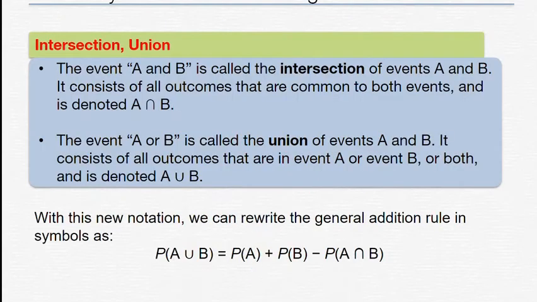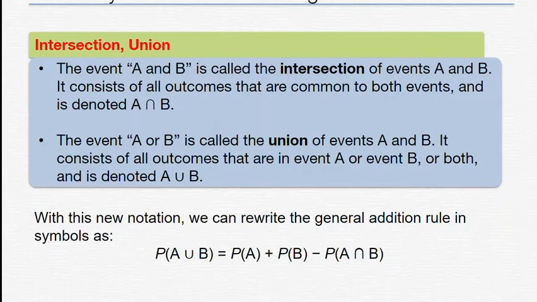So again, A and B is another way of saying A intersect B. You are looking for all outcomes that are a part of both event A and event B. In our pierced ear example, A intersect B was males who have pierced ears. A or B is another way of saying A union B. That's any outcome that is in event A or event B or both.